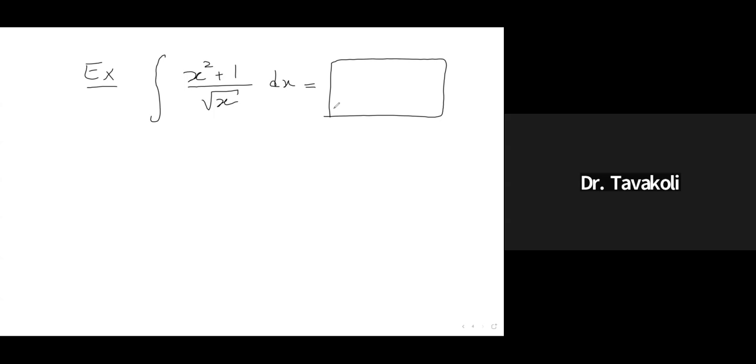Okay, so again, I see that the denominator of the function is just one term, and we have two terms on the top, so I can split the fraction as the sum of two fractions.